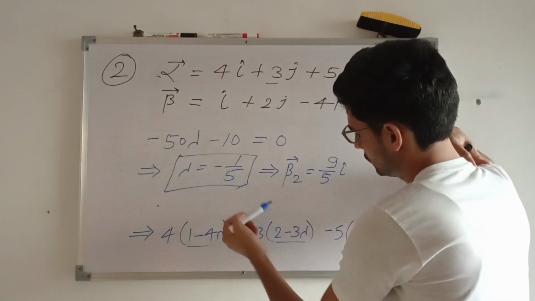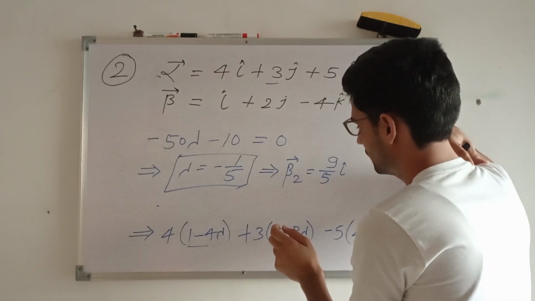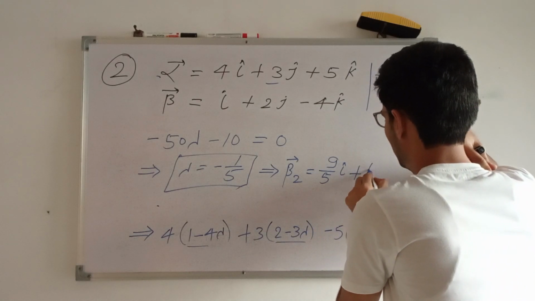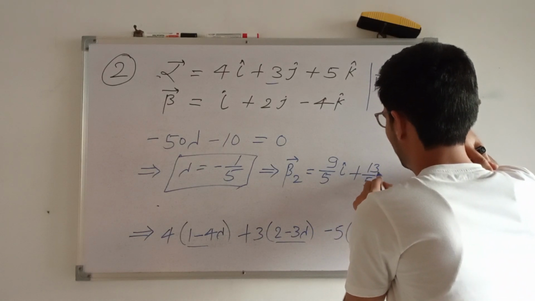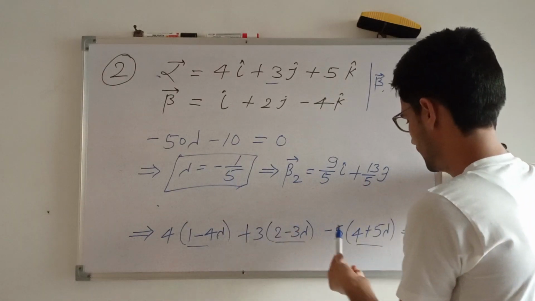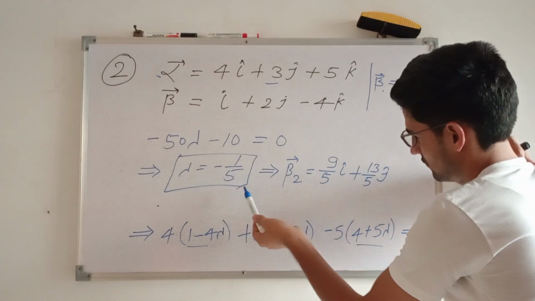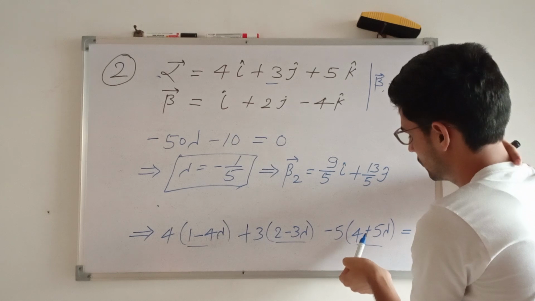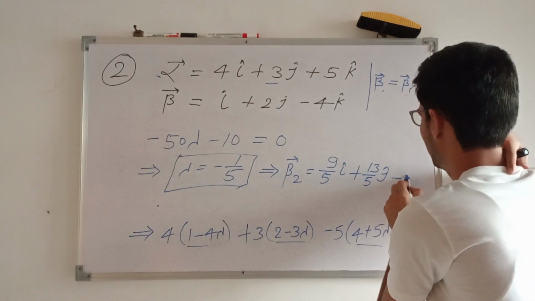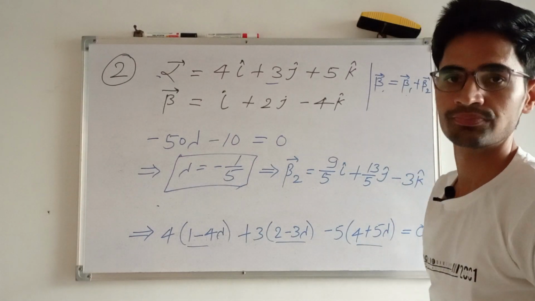Minus minus plus, so 2 plus 3 by 5, take 5 LCM, 10 plus 3 is 13 by 5 j cap. Put 1 by 5 here, so 5 will cancel out and it will become 4 minus 1 will be 3, and minus sign outside, we get minus 3 k cap. This is our vector beta 2.